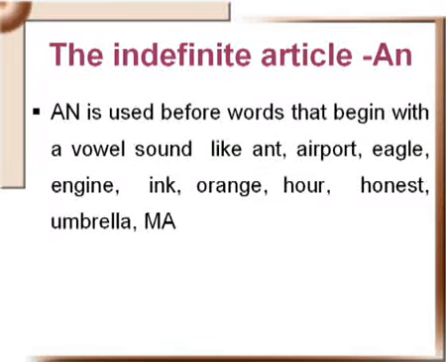The words that seem to begin with consonant sounds or seem to begin with consonant letters are hour, honest, MA. But if you say the words aloud, you will notice that the sound which you hear is that of a vowel.